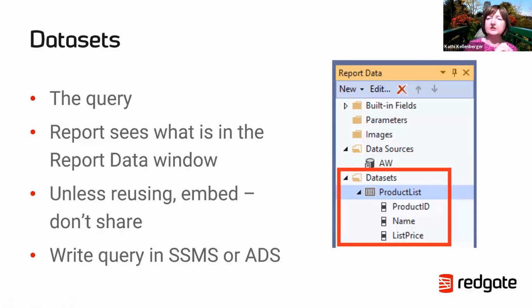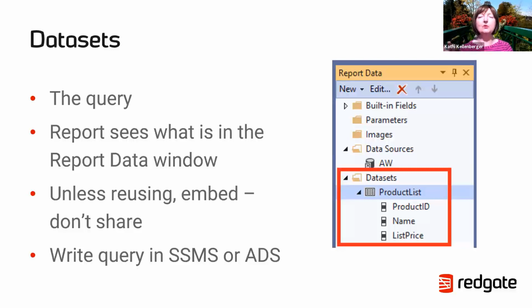embedding your data set, embedding the query, because chances are that query is not going to be used in multiple reports. When we get to the publishing part down the road, I'll show you that any shared data sets that you use will end up published.